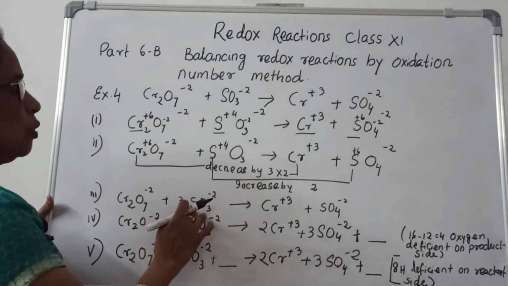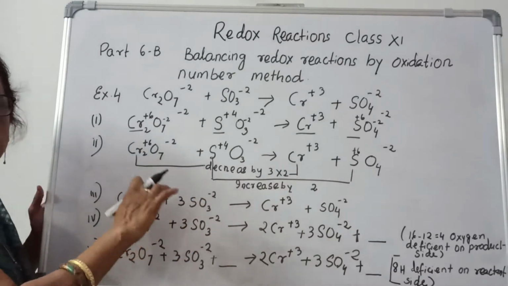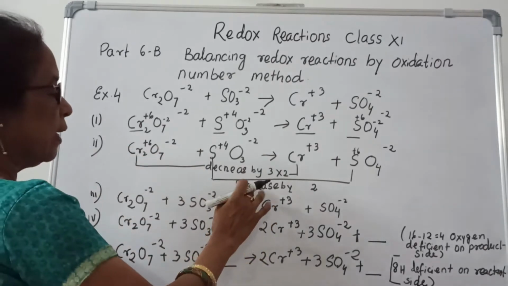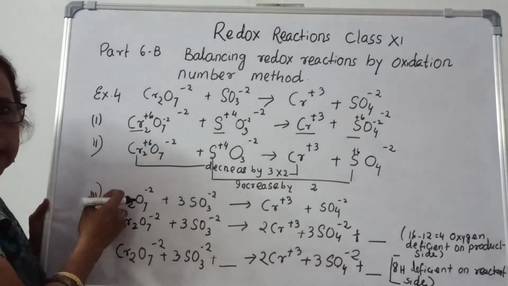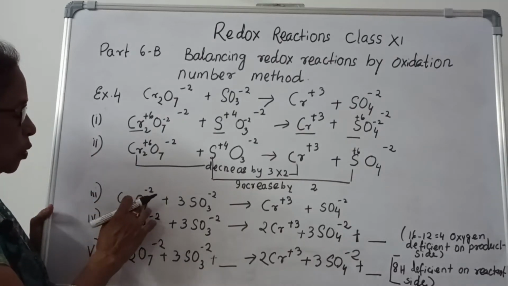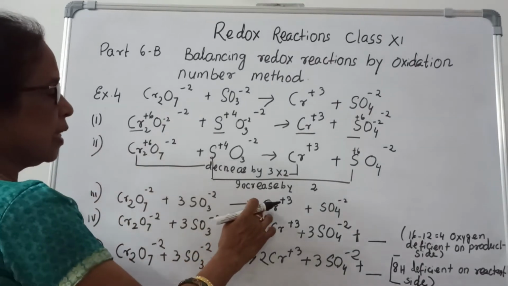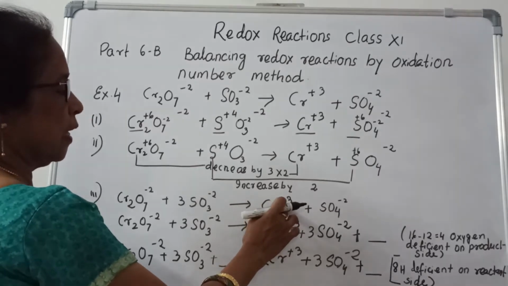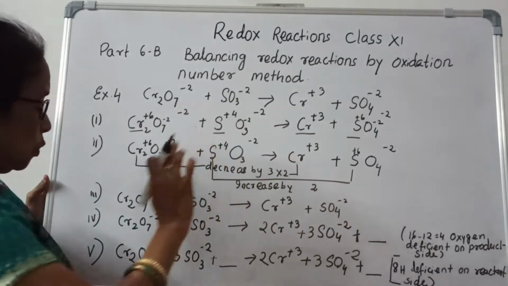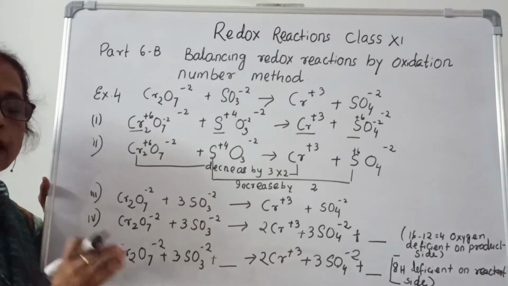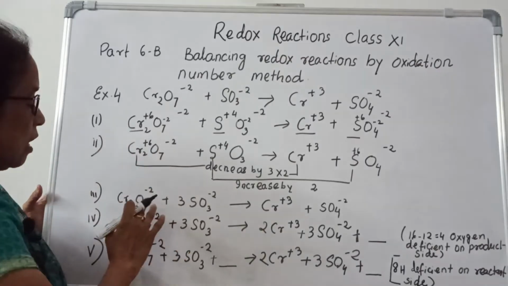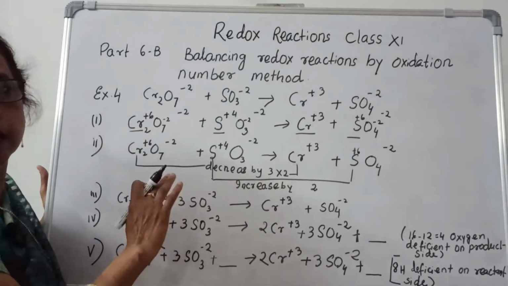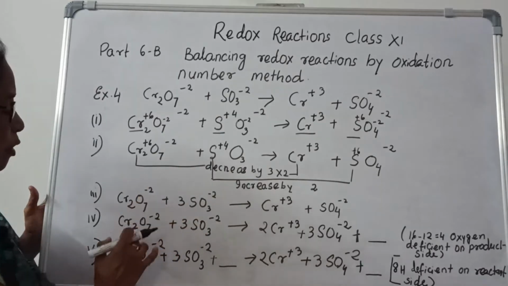So this SO3 minus 2 should be multiplied by 3, and for the other it is 1. Multiplied by 1 means the same, Cr2O7 minus 2. This side Cr plus 3 plus SO4 minus 2. In this line, on the reactant side, the oxidation numbers are equated. That means we will go to the next step.